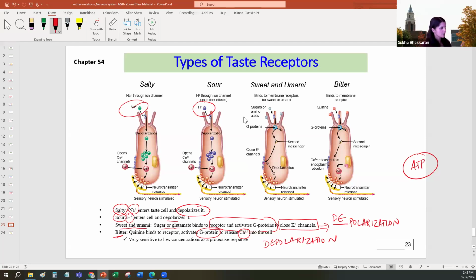If I end up eating too much salty food, of course, the depolarization is going to activate the receptors, but the sodium is also going to go into my GI tract, and then into the bloodstream, and that can cause hypernatremia, higher sodium levels in the plasma, and that will have an effect on osmosis, you name it. So taste-wise, it's local, but it can still have a systemic effect on the body. Does that make sense?